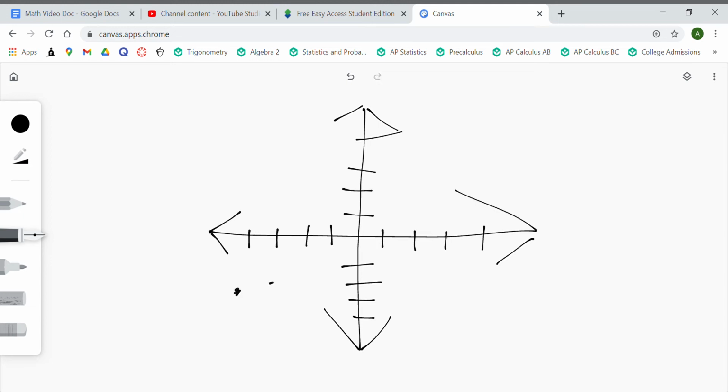Now, do you think what I'm trying to draw right here is going to fool you? Do you think this is a function? No. A function may have only integer values, but that does not mean that it's not a function.